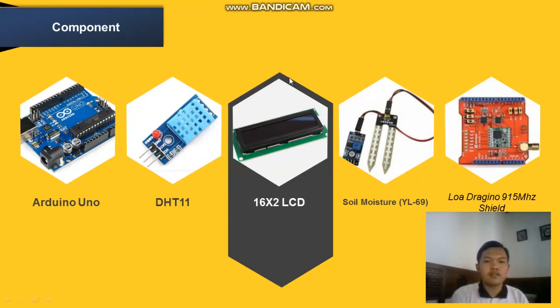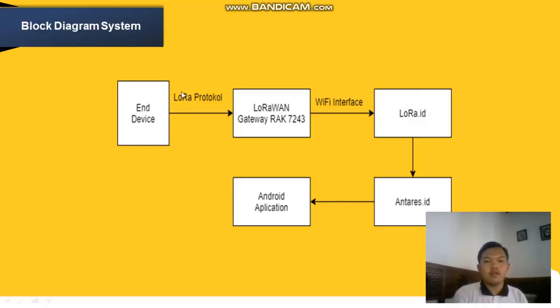And then next, components for final project: Arduino Uno, DHT11, LCD, soil moisture, and LoRa Dragino shield. And the last, block diagram system for final project.